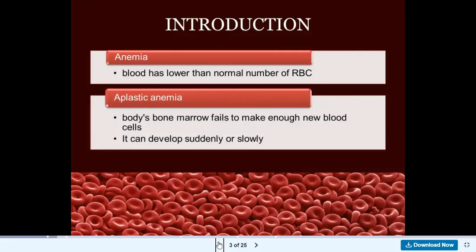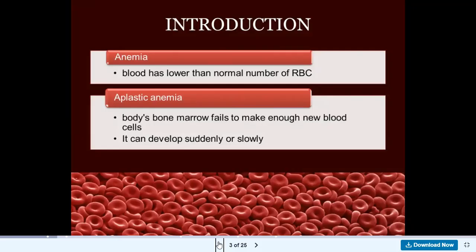And then we said to diagnose aplastic anemia in the lab, you would do complete blood counts, and from your complete blood counts, you will find low red blood cells, low platelets, and low white blood cells. You would find low hematocrit and low hemoglobin. You would find low reticulocyte counts also.